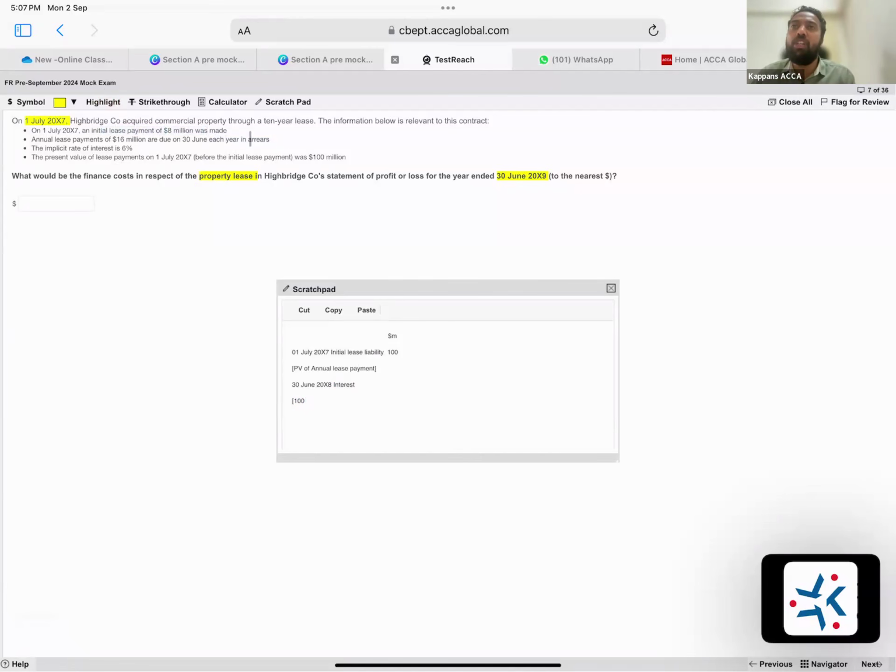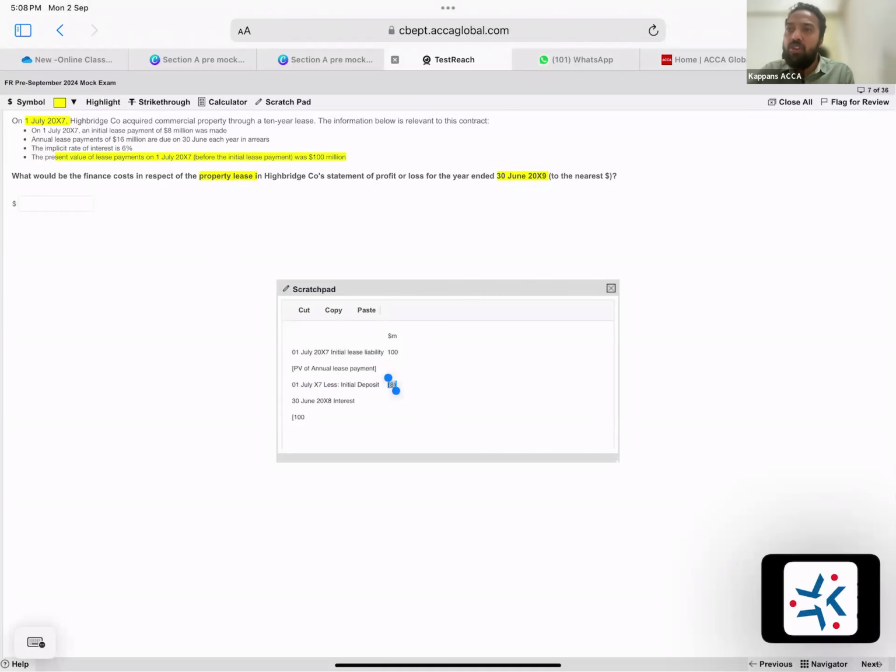The question very clearly says that this 100 million, the present value of lease payment, is before initial lease payment. So on 1st July X7, you have to reduce that initial deposit. Less initial deposit, it's 8 million.